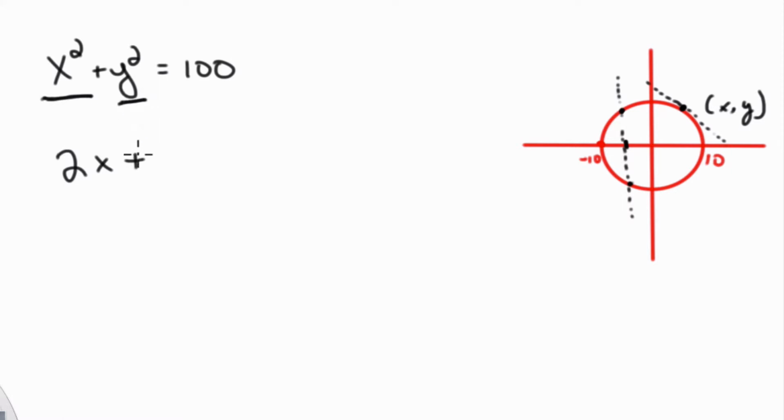So the derivative of y squared, I can still use the power rule, but I need to use really my power rule and then my chain rule, because y is a function. I could solve this whole thing for y, and that would in itself be a function. So I need to take that into account.